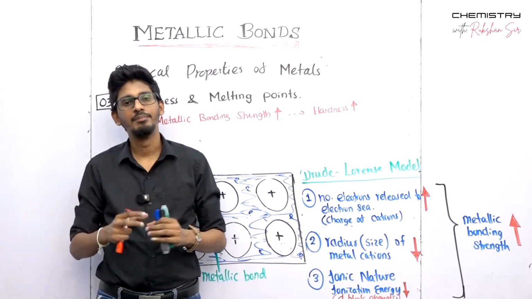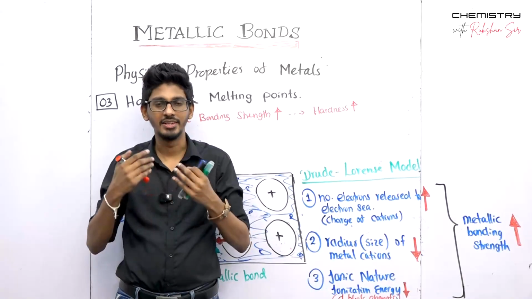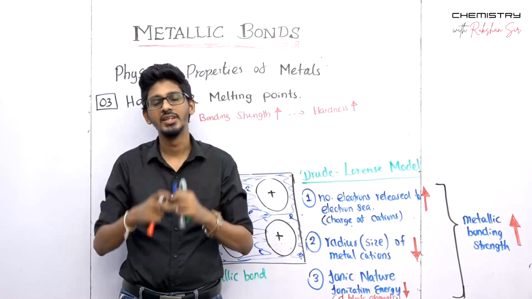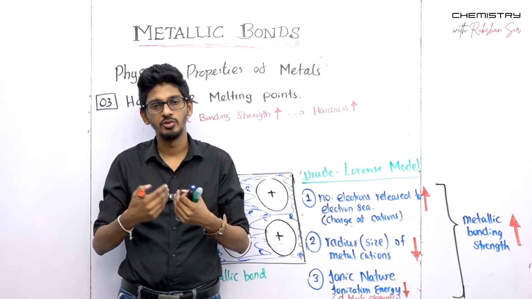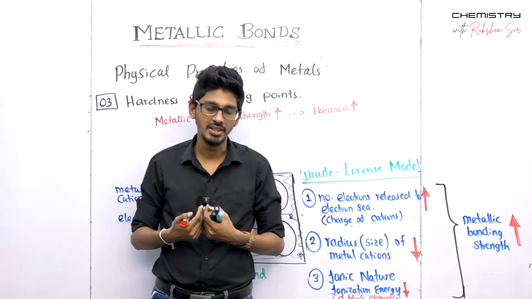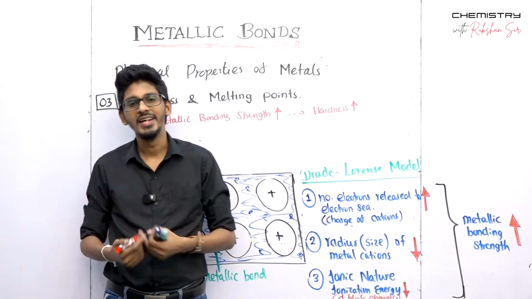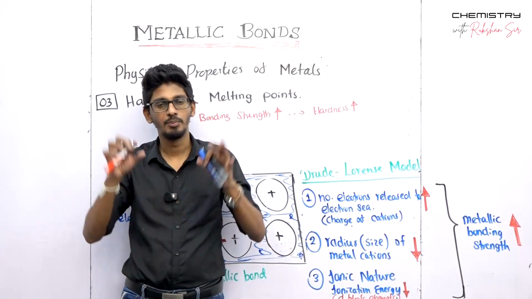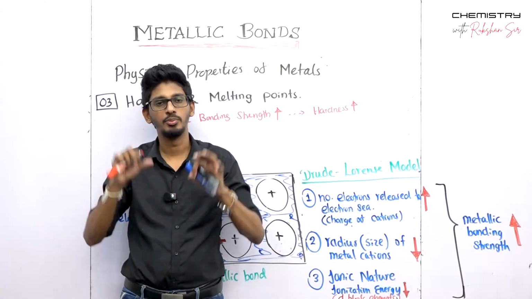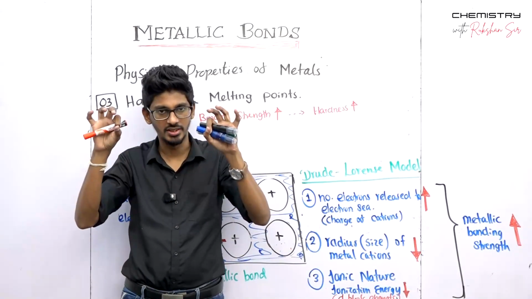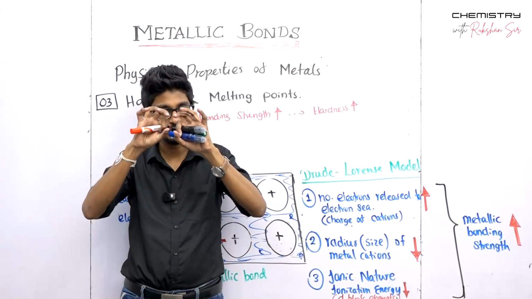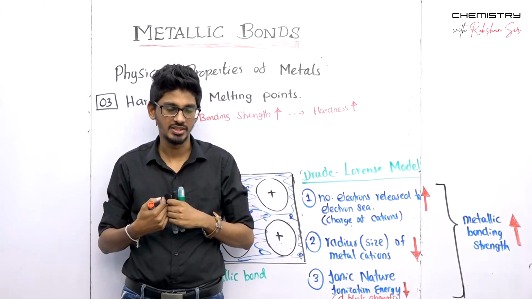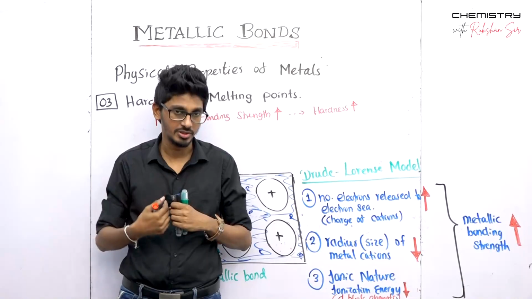When it comes to metals, the bonds between the particles are referred to as metallic bonds. So if the metallic bond strength is high, your particles are strongly bound, and to put them apart from each other, to liquidize them, you need to supply a high amount of heat energy, so a high temperature is needed.